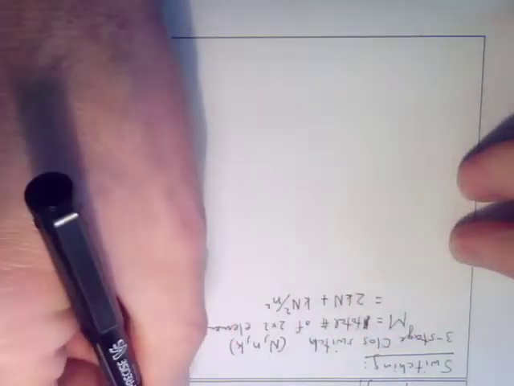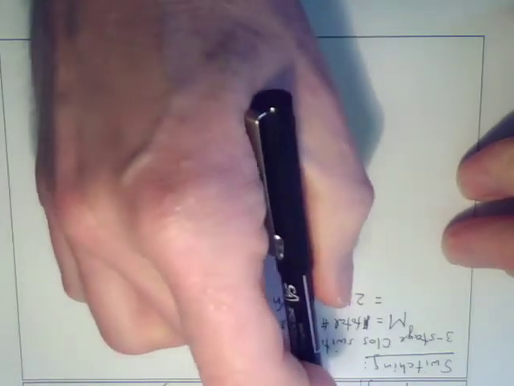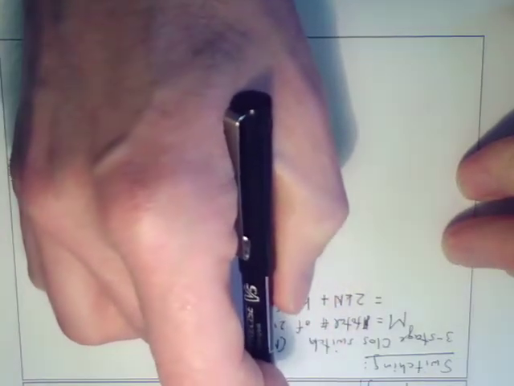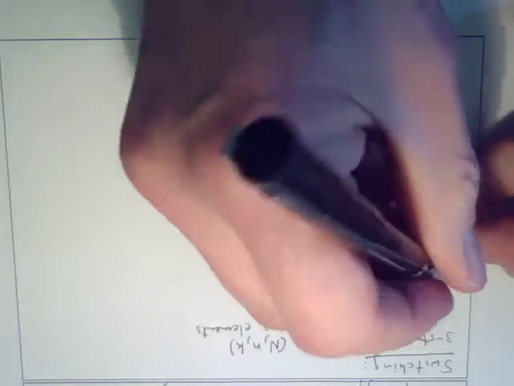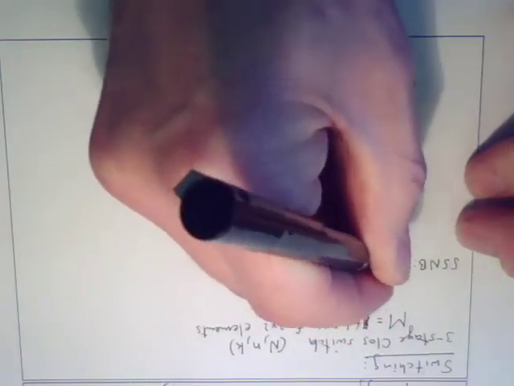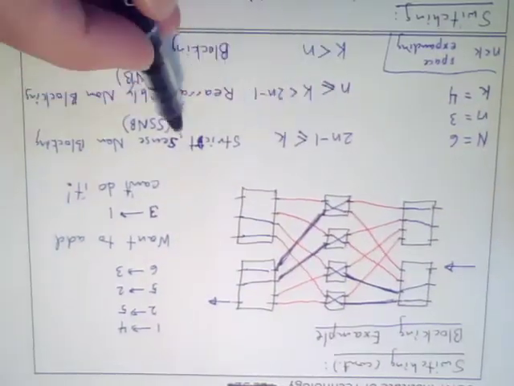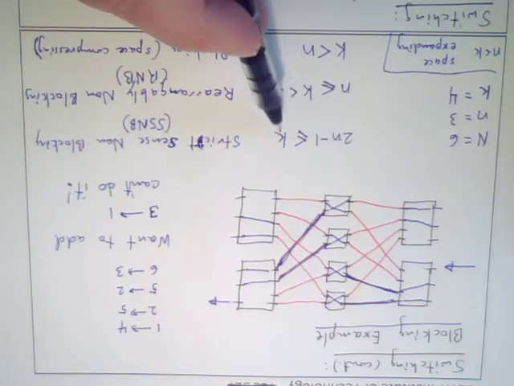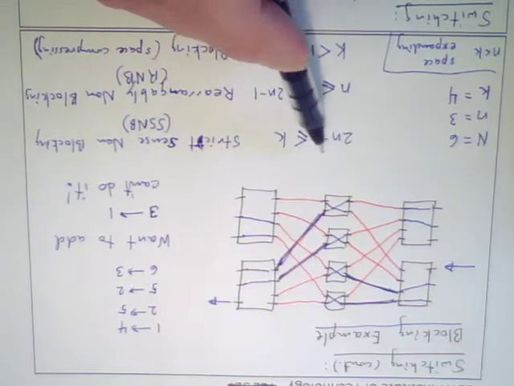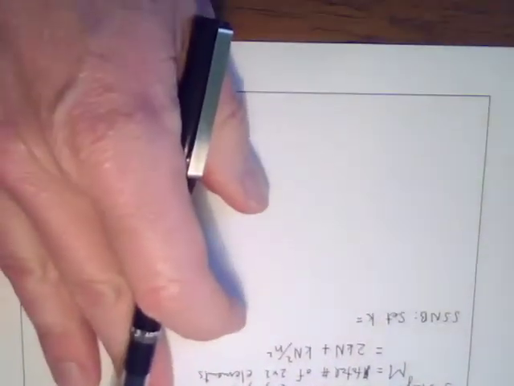We found that for strict sense non-blocking, we had to make k greater than or equal to 2n minus 1. And so for strict sense non-blocking, we're going to set k as small as possible. Let's set it equal to the smallest value possible, which is 2n minus 1.